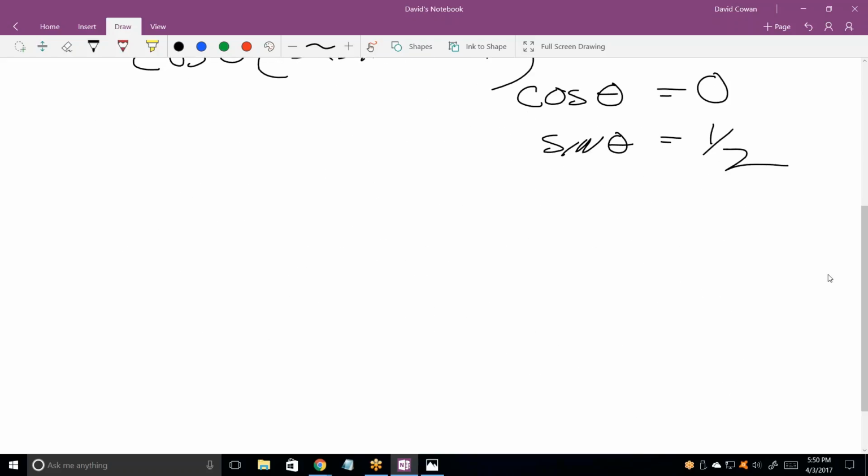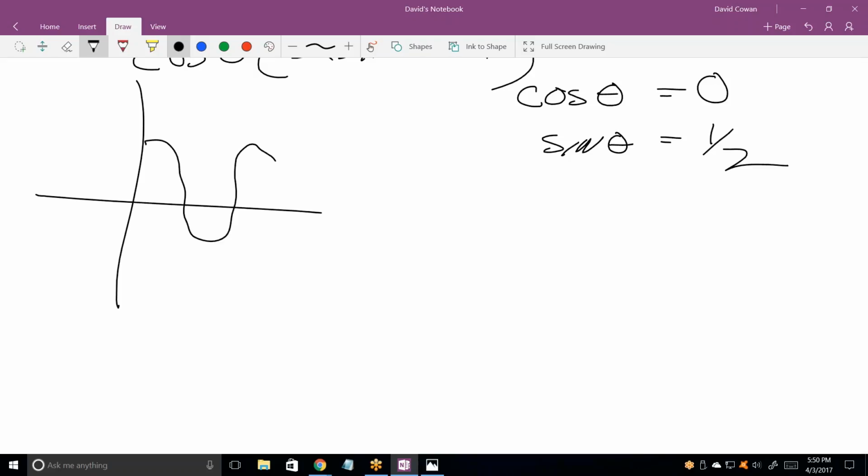Well, where's cosine theta equal to 0? And they want all solutions. Here's what cosine theta looks like. So we want that solution, we want that solution, we want that solution, we want that solution, all of them out to infinity.